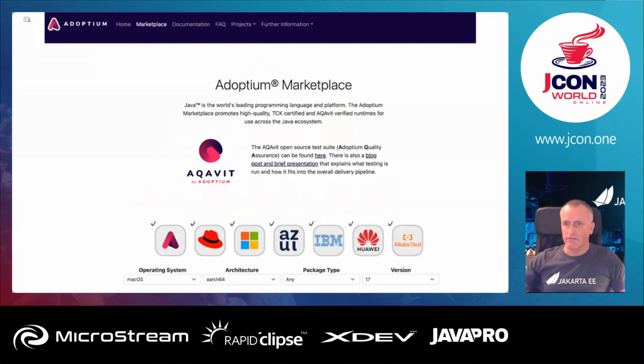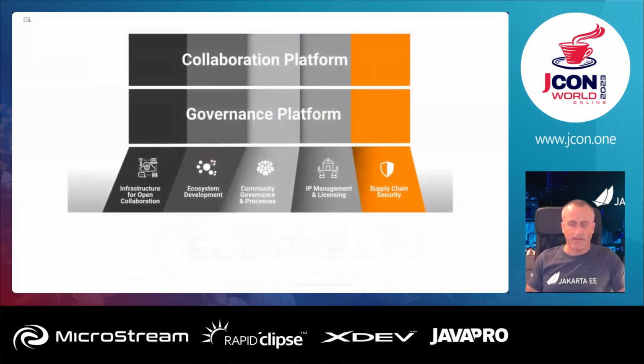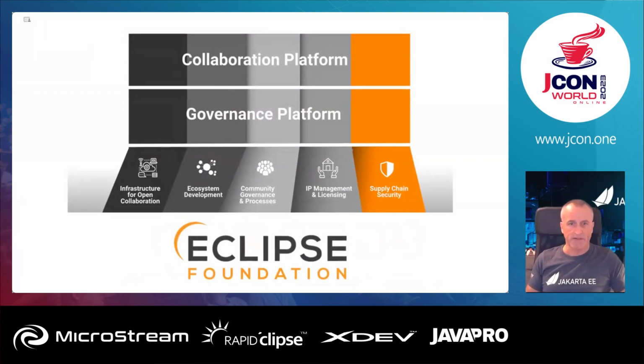So if I should sum up a little bit about what the Eclipse Foundation is about, it's that we're providing a collaboration platform, and we're also having a governance platform, and we have these services that we provide, like the infrastructure to do the collaboration, like mailing lists and issue trackers and whatnot. We have an ecosystem for development, the working groups, for example, and the projects.